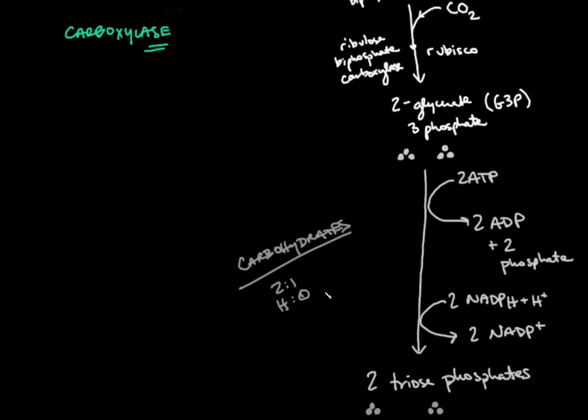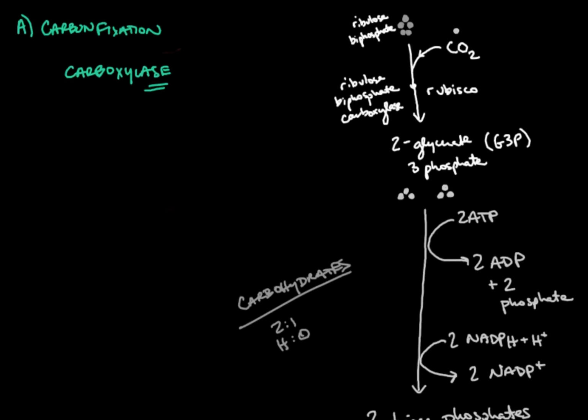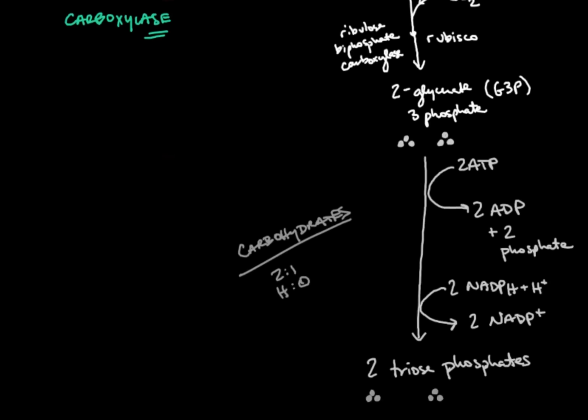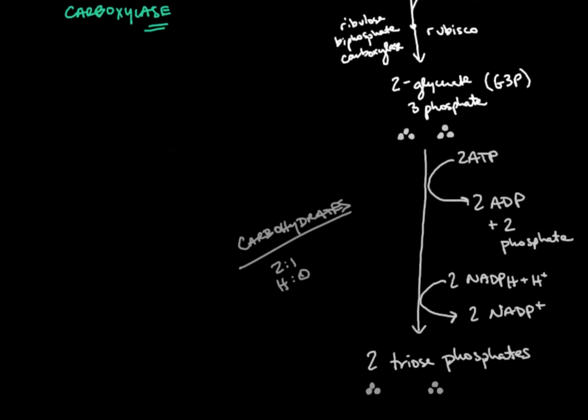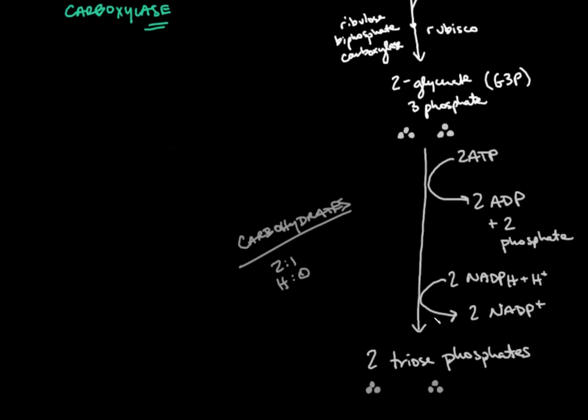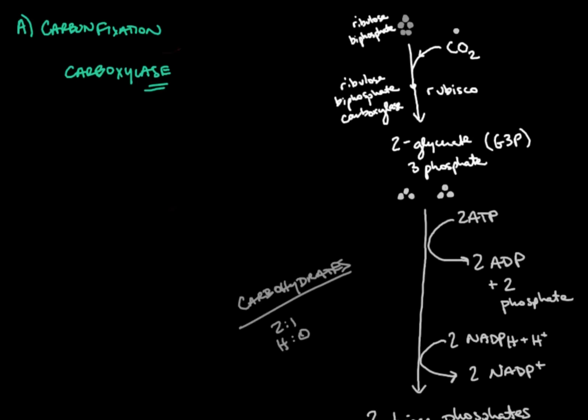But then we need to talk about what happens to these triose phosphates. Maybe it's a little more confusing story, but you need to know this set of reactions and the products: you've got rubisco, you've got ribulose biphosphates, you've got G3Ps, and triose phosphates. But the next thing is what's happening to these triose phosphates, because they are going to be used partially to make more ribulose biphosphates, because that's not the end.